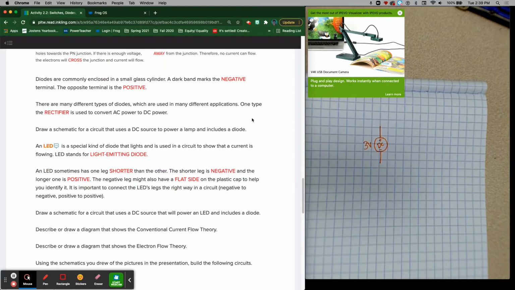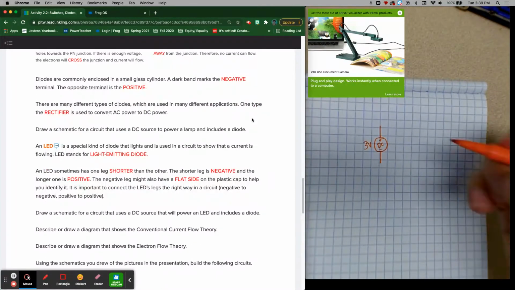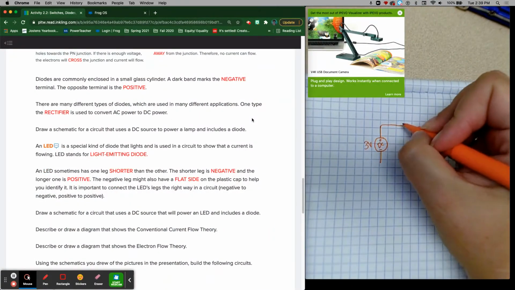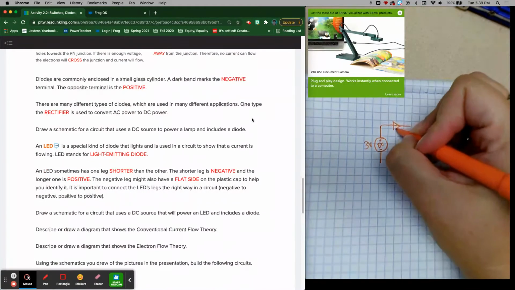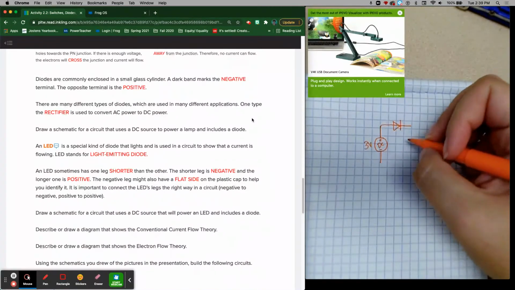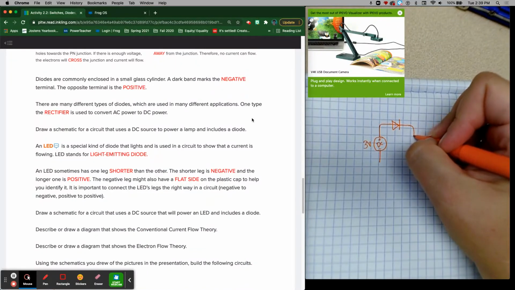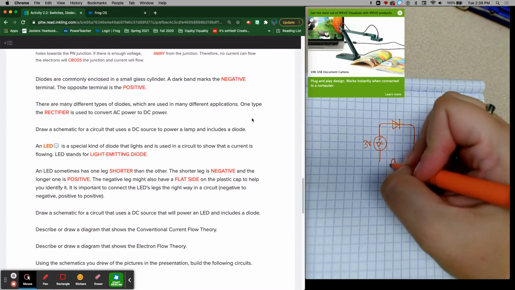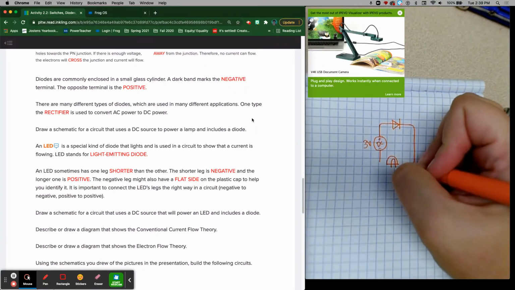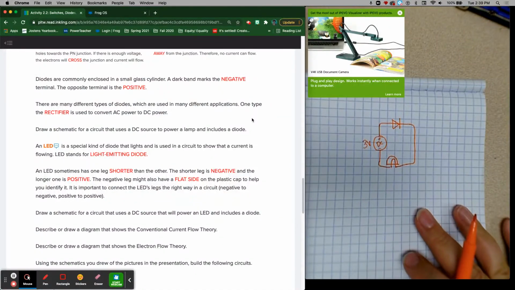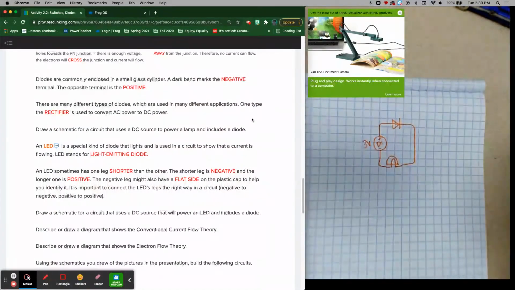Okay. So if I put my diode here, I'm now pointing to the negative side of my circuit. And here is my lamp. And there you go. That's with the diode. Okay.